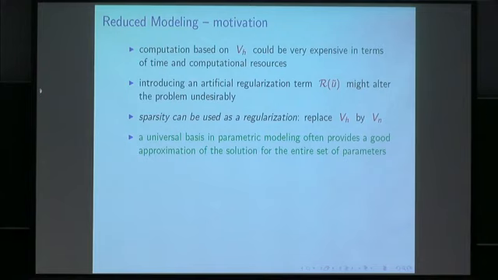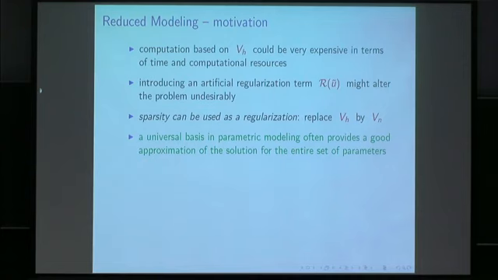And the other reason, of course, is that if we work with a sparse space, if V_n is of small dimension, we would be able to calculate the solution faster, and that's why we want to find some good subspace V_n, which is good for most of the solutions.